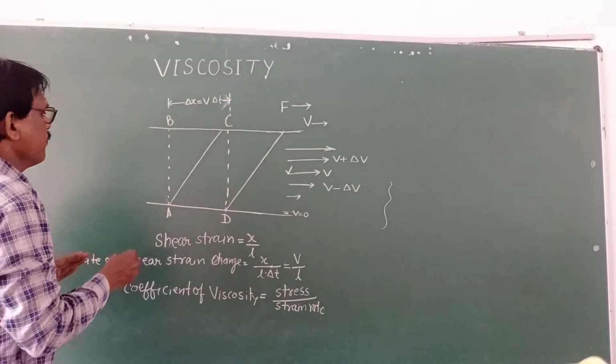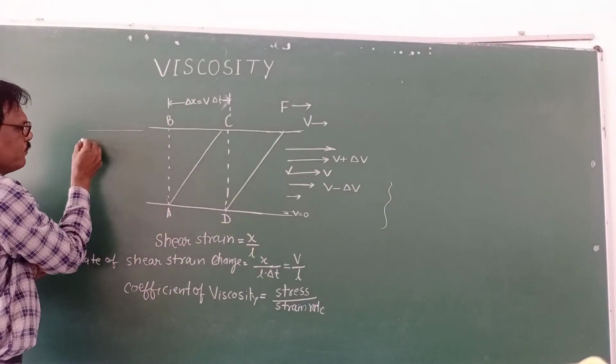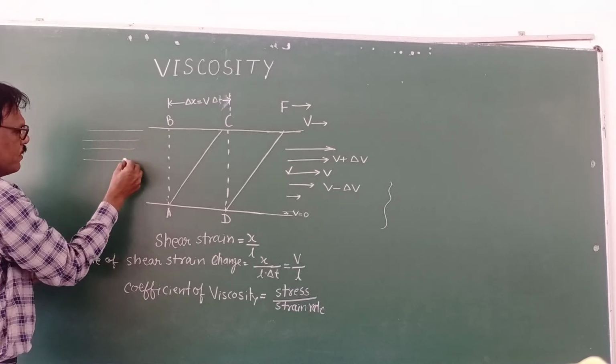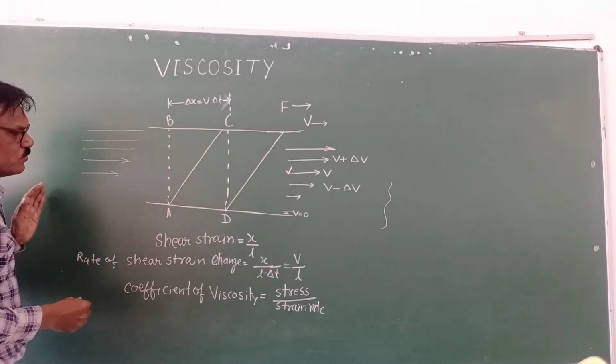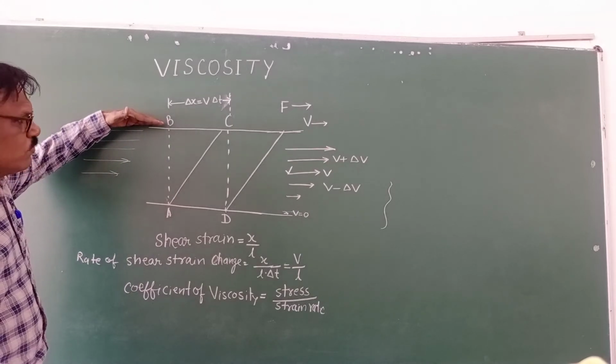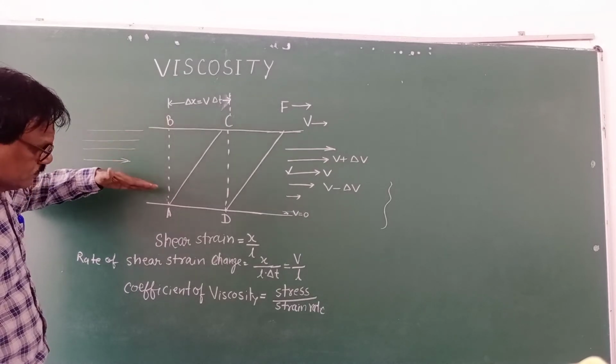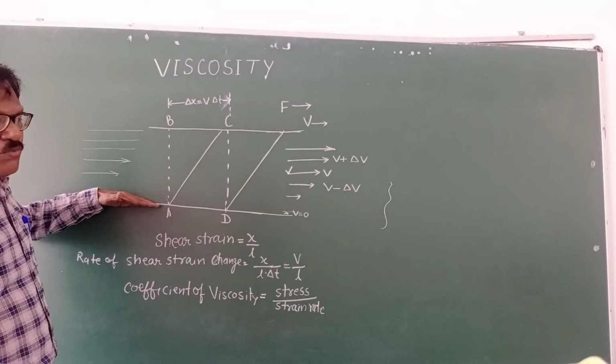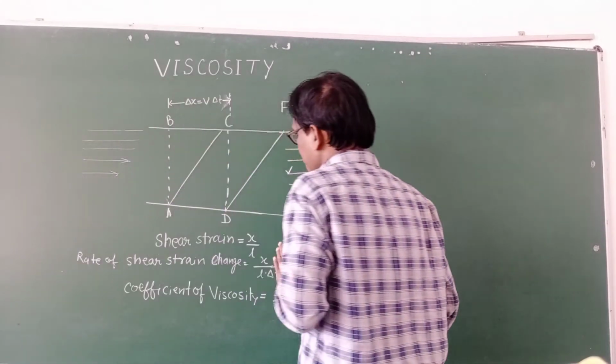Here we have the water flowing like this, and when water is flowing through this, the layer at the top will move with great velocity, and the layer which is here will move with less velocity.